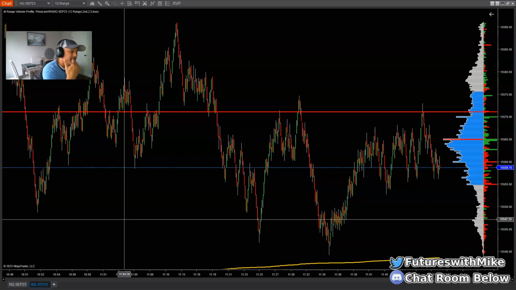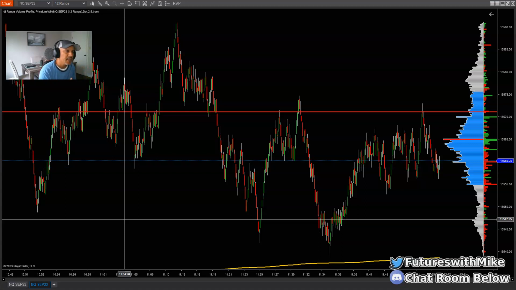So if I'm looking for a supply zone, and I run a fib based on aggressive selling to the downside, or an impulse move to the downside, and I run a fib from that high down to that low, and then I'm looking over to the right at my volume profile, I'm using multiple means of confirmation or confluence to depict an area where I can take a trade. It just gives me more confirmation when I'm looking for an opportunity to trade within the market.